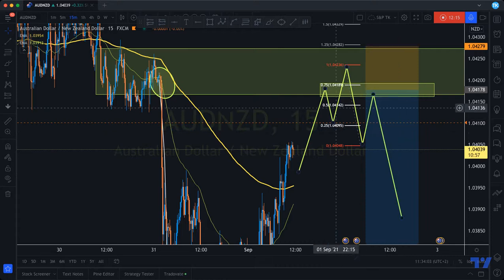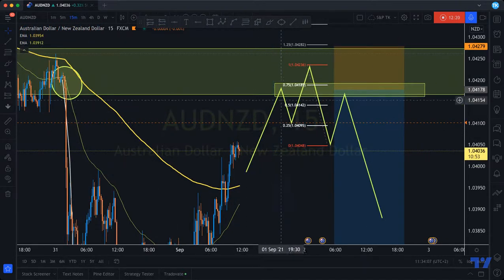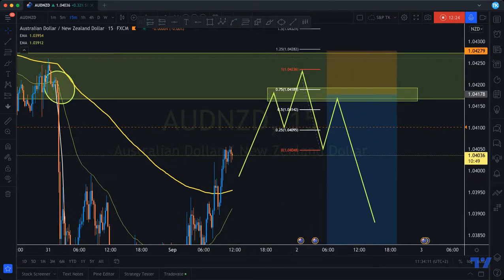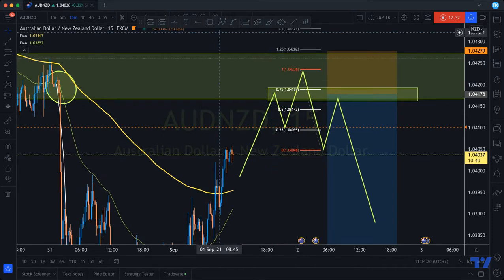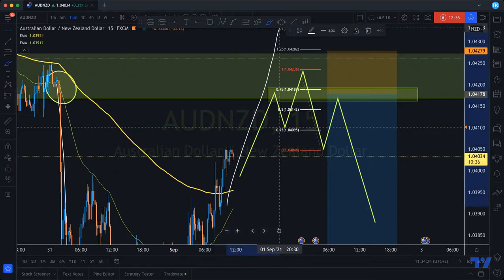So this is a very good zone. I'm pretty much sure that price will react here. Unless there is news, unless something extraordinary, I'm pretty much sure that price will not go this way.